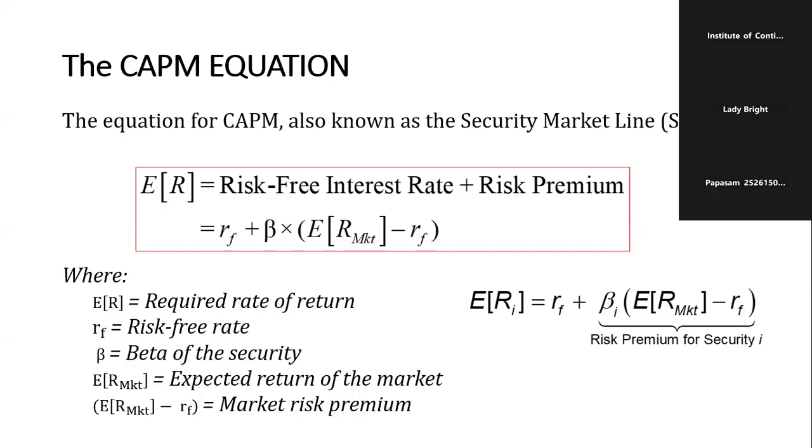And for the risks you bear, you would want to receive a reward. So that E(R), the expected return that an investor hopes to receive, should be made up of the basic risk-free rate plus a risk premium.